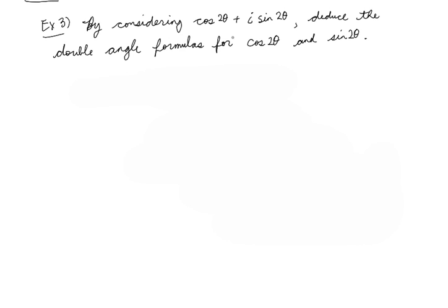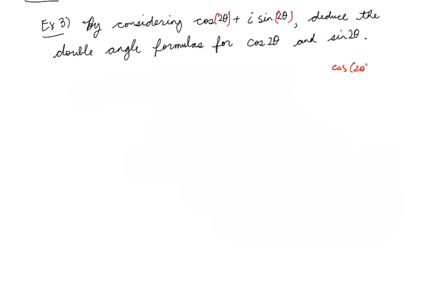By considering the cosine of 2 theta plus i sine of 2 theta, how can I use this to show that cosine of 2 theta and sine of 2 theta are the double angle formulas that I'm familiar with? Okay, so let's think. What is cosine of 2 theta?